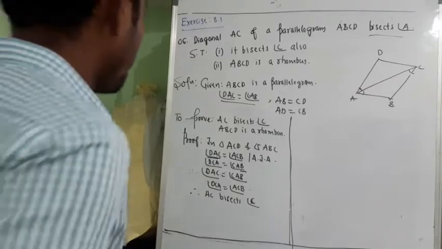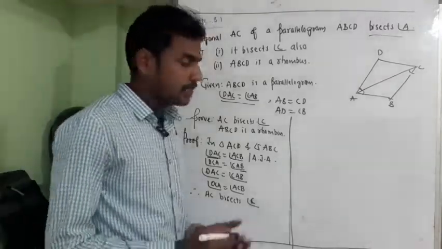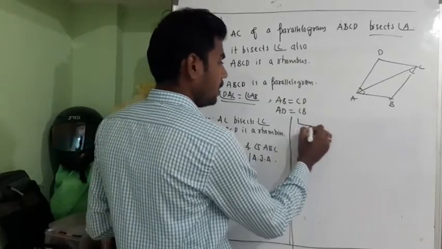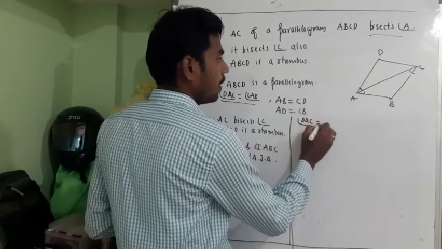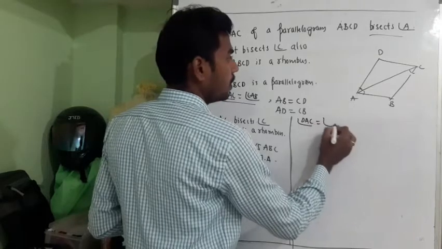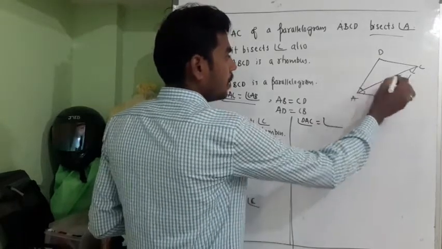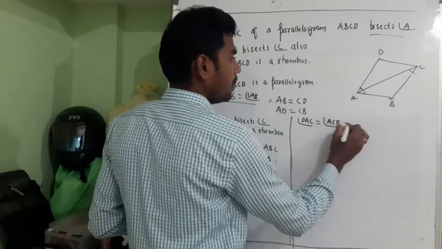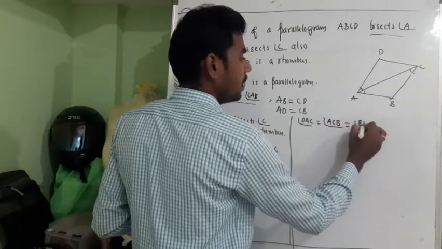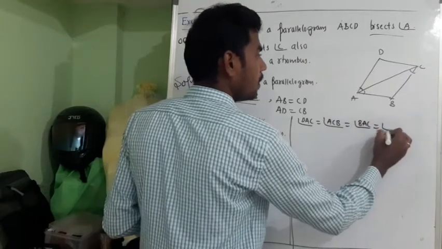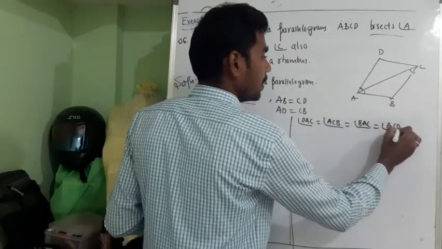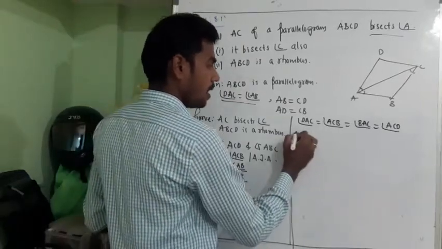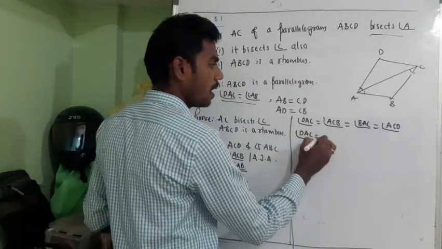Since we proved AC bisects angle C, now what can I write? Angle DAC is equal to angle BAC is equal to angle ACD. Now, from this, what can I write? Angle DAC is equal to angle ACD.